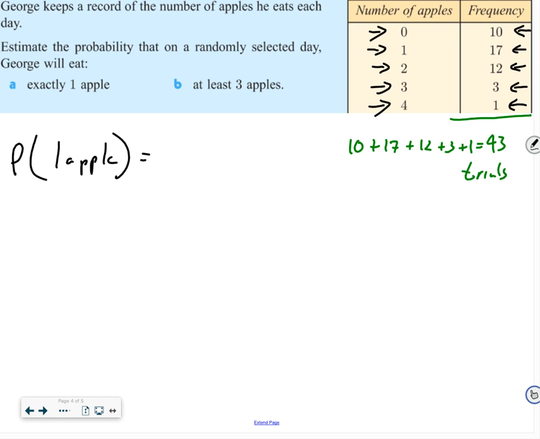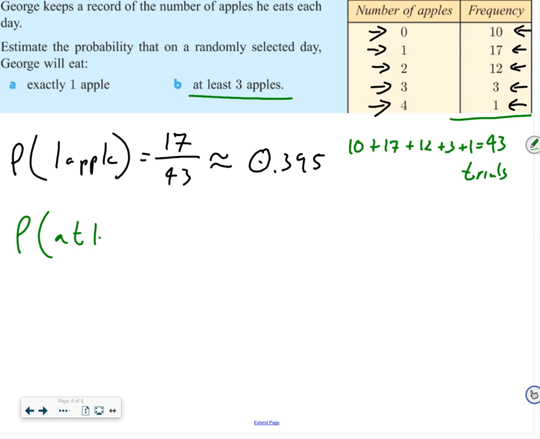The observed times that he ate 1 apple was 17, over the 43 days we observed, and we get an approximate relative frequency of 0.395.